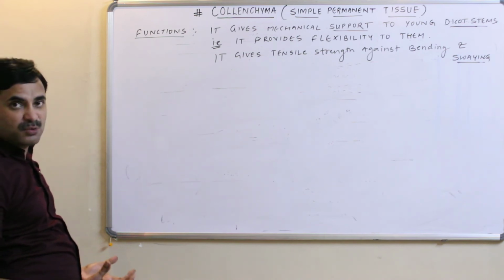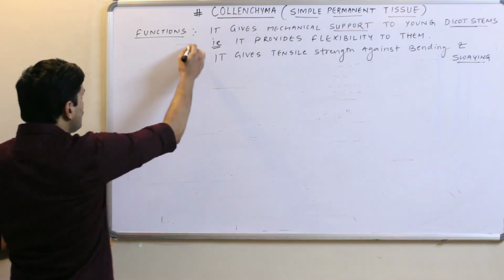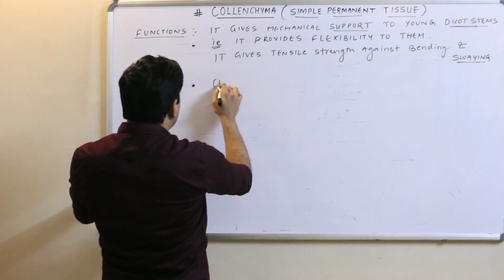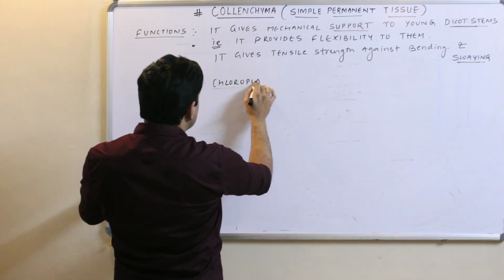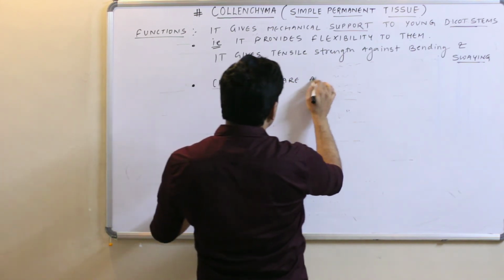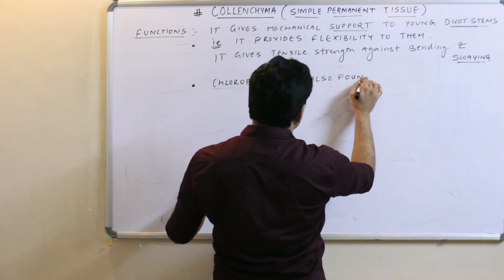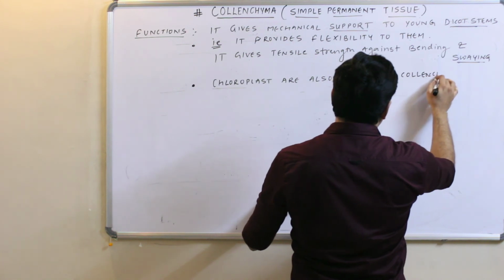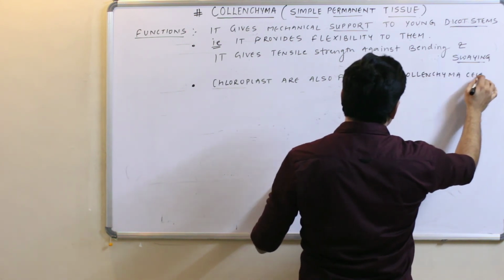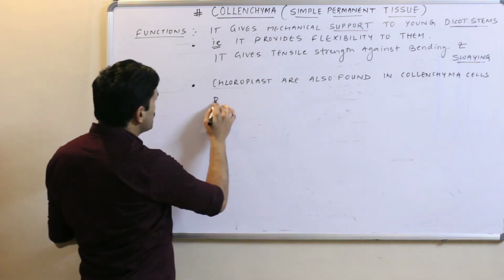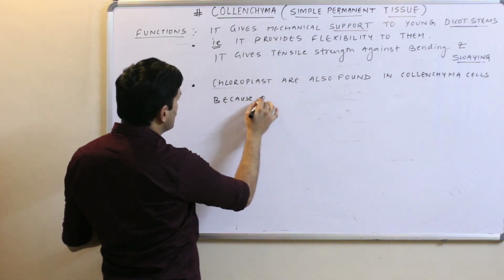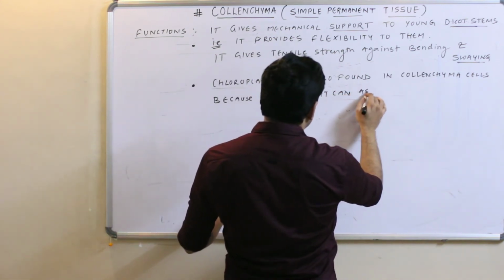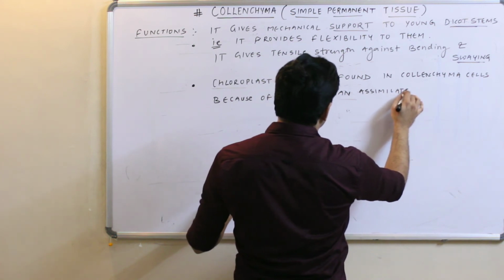It provides flexibility to the young stems, and sometimes it has been seen that chloroplasts are also found in collenchyma cells, because of which it can assimilate, means it can synthesize food.